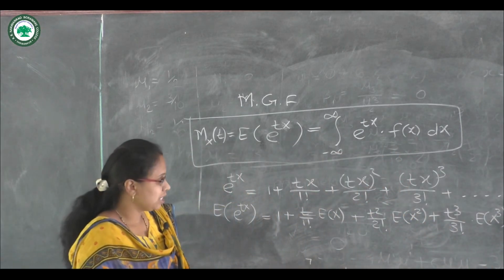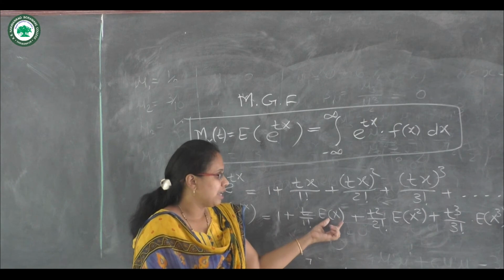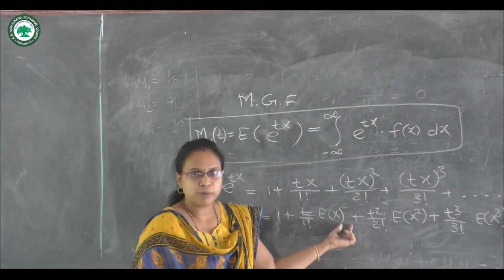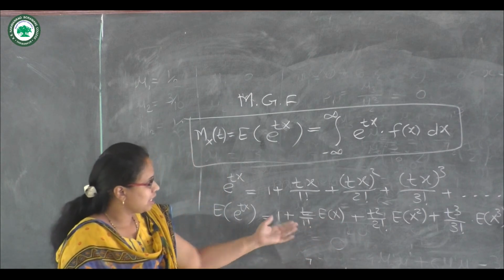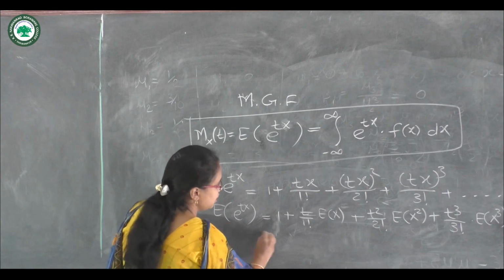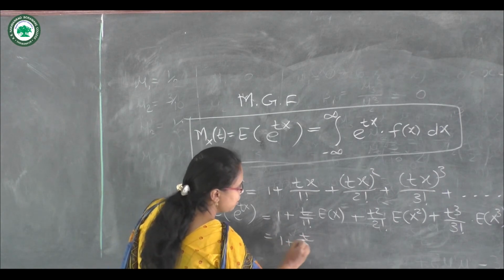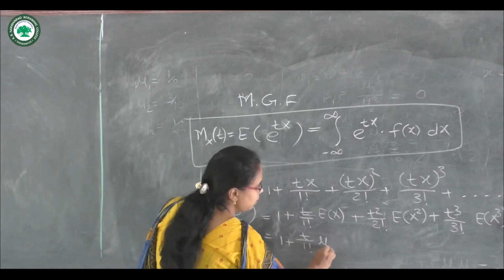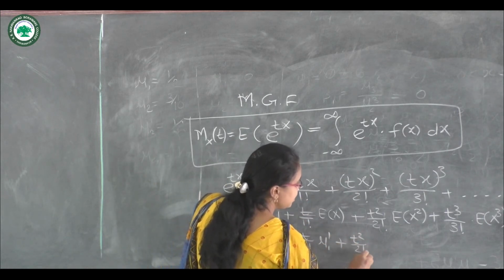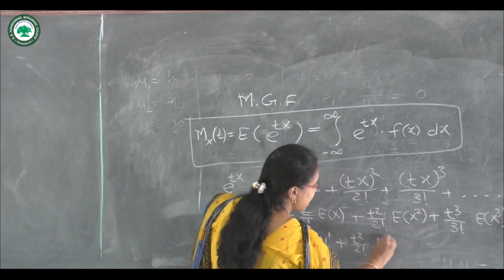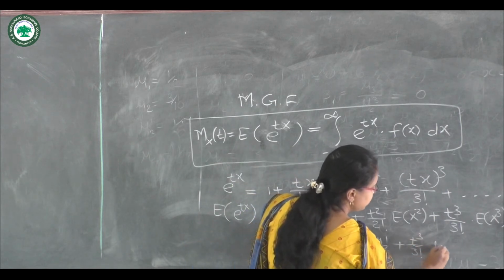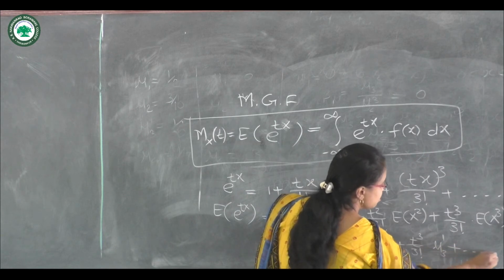Here we can see that the terms are expected X, expected X square and so on. So these are the raw moments. So instead of writing this, I can write 1 plus t upon 1 factorial mu 1 dash plus t square upon 2 factorial into mu 2 dash plus t cube upon 3 factorial mu 3 dash and so on.